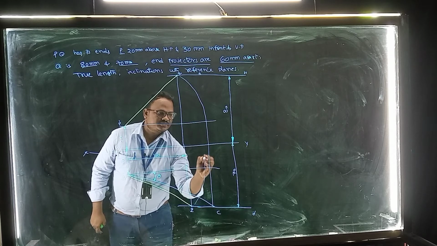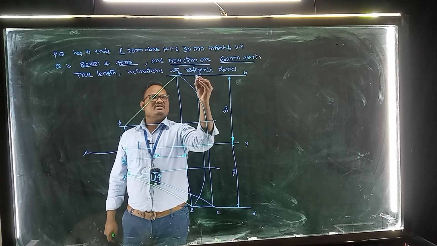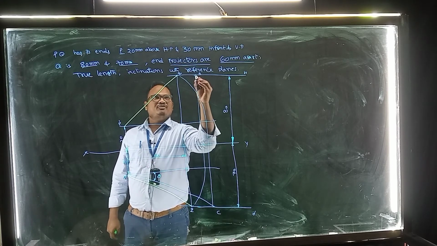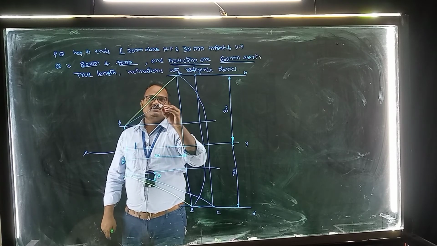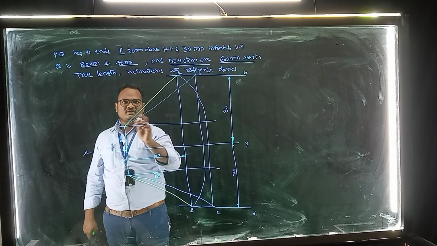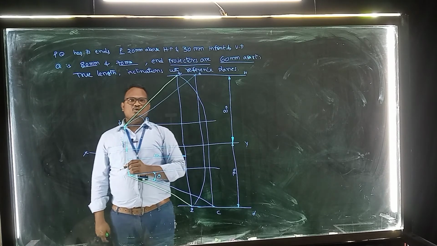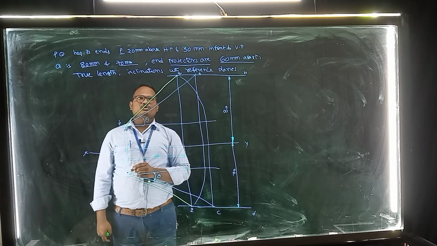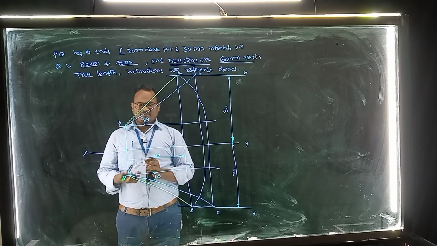Now from here project vertically up to the locus line. So this line touches the locus line somewhere here. So if you join these two ends, you will get the true length. So whatever angle of inclination you got, that is the required true angle of inclination with HP and VP.